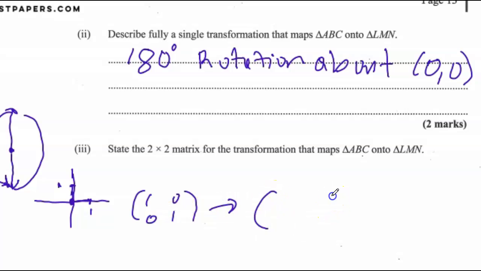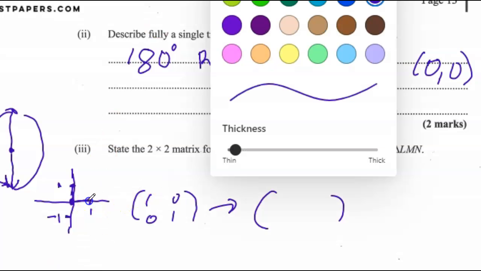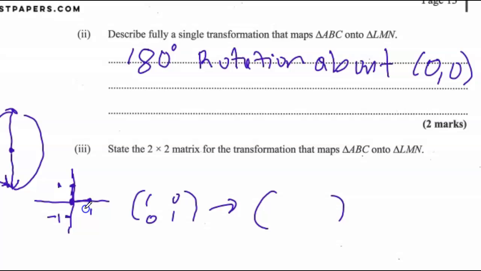If you rotate the unit point (1, 0) by 180 degrees, it will end up at the point (-1, 0).